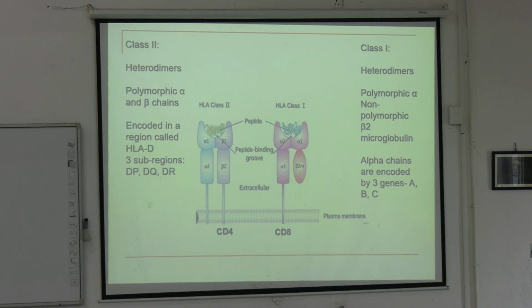Why? Because they will only recognize the proteins which are bound to MHC class 1. Did you all understand? You all might have to draw this diagram, okay, for MHC class 1 and class 2. So this is the structure of the MHC class 1 molecule.